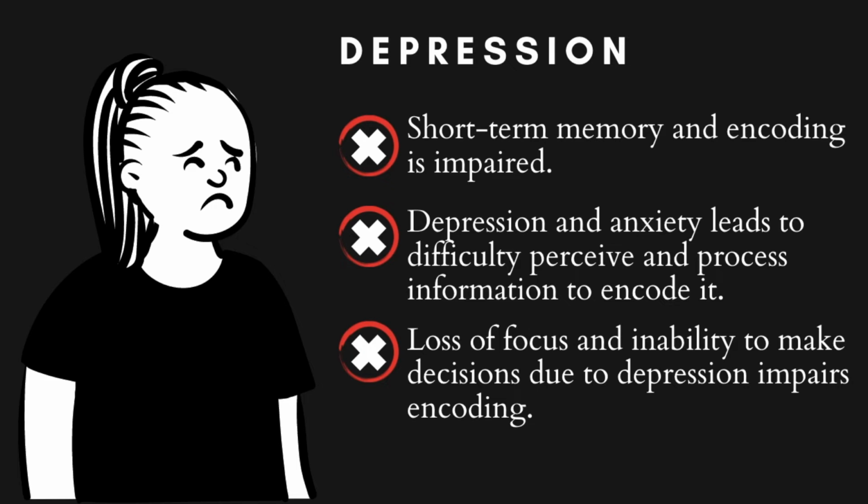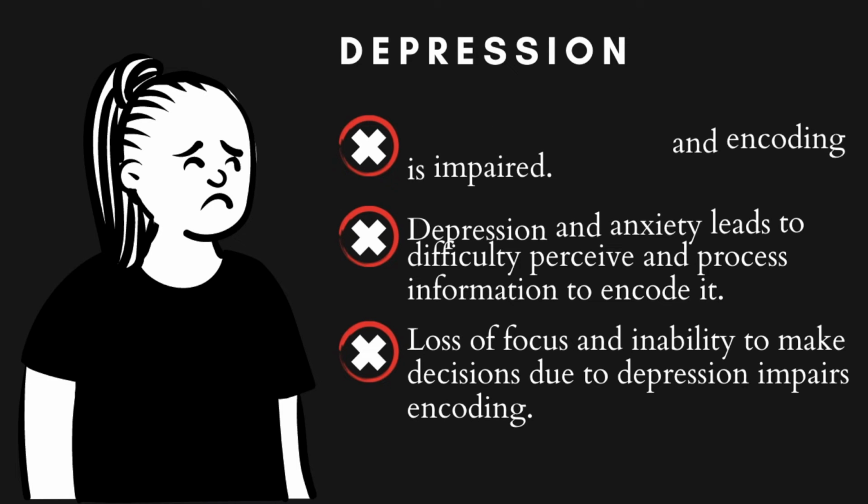Paying attention to the information that you want to encode and store in your memory is the number one key factor that actively helps you in successful encoding. And conditions such as depression or anxiety impair that ability, leading to negative impacts on the process of memory encoding.